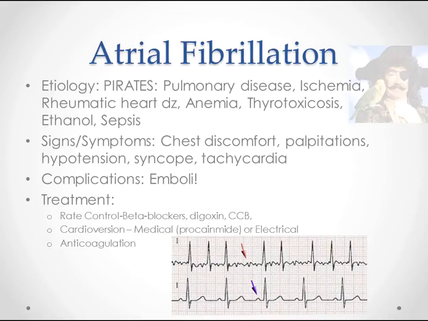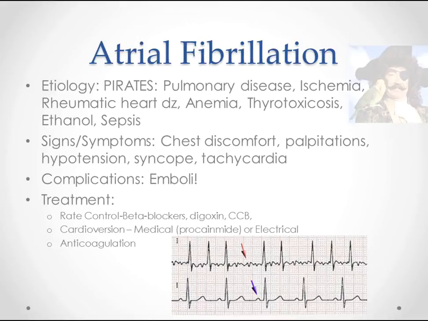But you also use beta blockers, digoxin, and calcium channel blockers for rate control. And if we catch it early, then that's when we start thinking about cardioversion. So procainamide or sotalol are used for medical cardioversion, and you can also do electrical cardioversion. But what do you want to worry about when you're doing cardioversion?